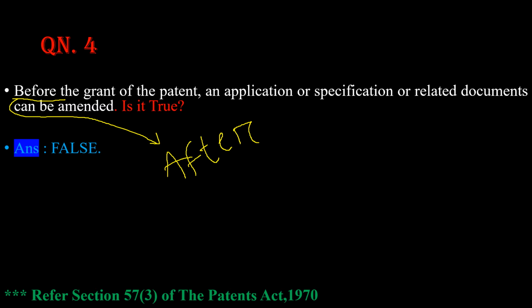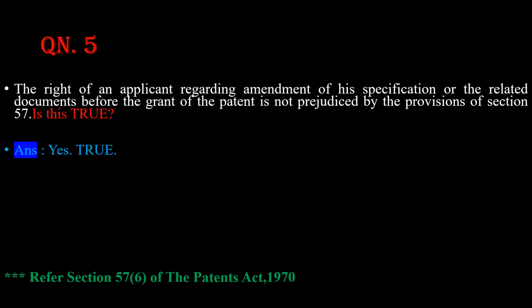But as here, before the grant of the patent, an application or specification or related documents can be amended is given, for this reason this statement is not true. This is false. To be 100% sure of your answer, please refer section 57, subsection 3 of the Patents Act 1970.